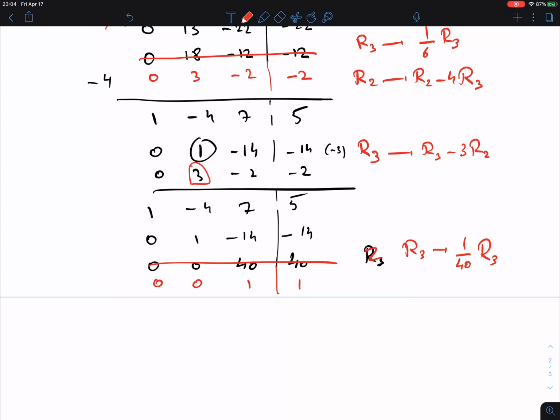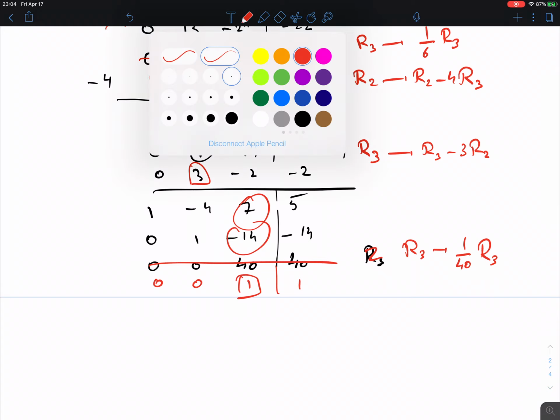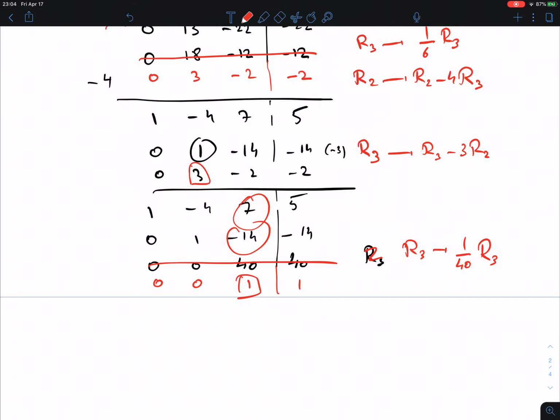Everything is pivot variables, but we need to make things 0. So to get these two guys 0 using this pivot, that's row 3. So the row operations are: replace row 1 by row 1 minus 7 times row 3, and row 2 plus 14 times row 3.